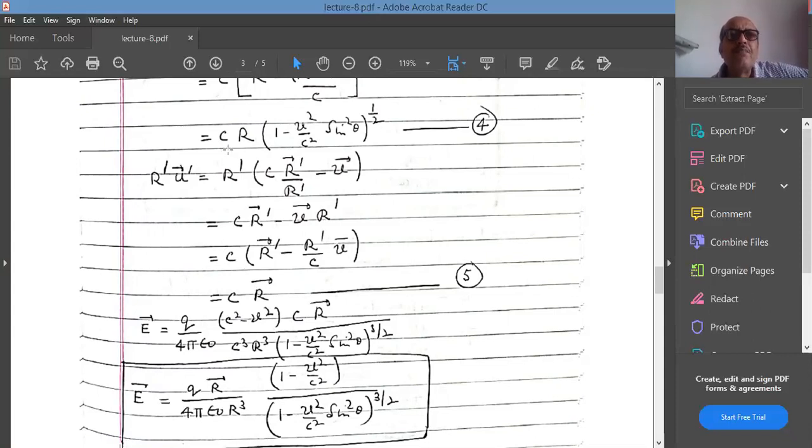So cube of this term becomes c cube into r cube into 1 minus b square upon c square sine square theta to the power of half, and half becomes 3 by 2. So we have c cube here, and 1c in the numerator. So 1c cancels out with c of c cube, and the c square is left in the denominator. So we now club that c square with c square minus b square terms in the numerator.